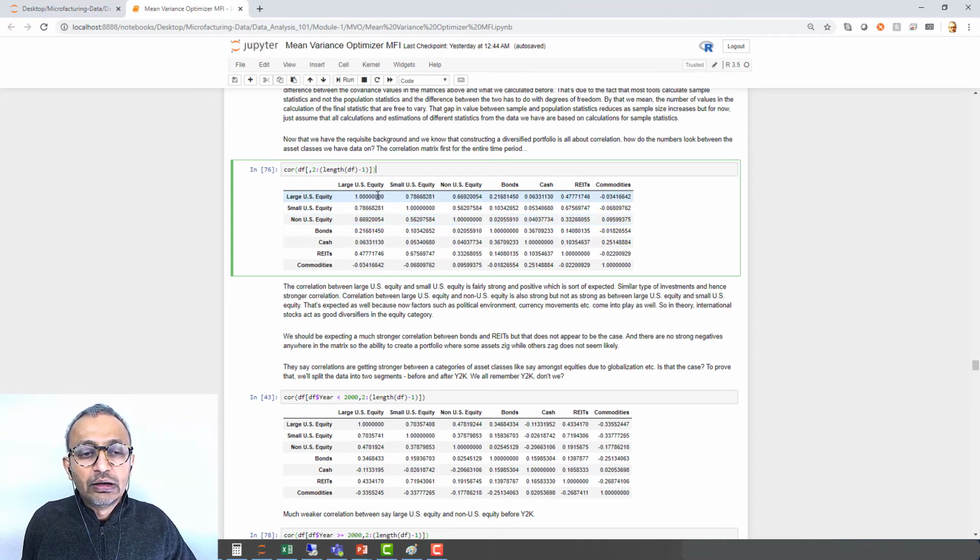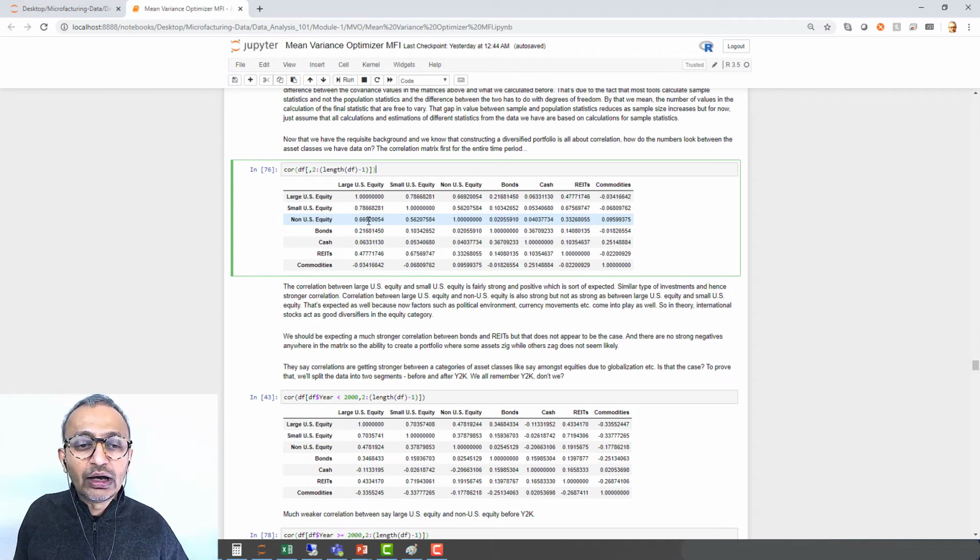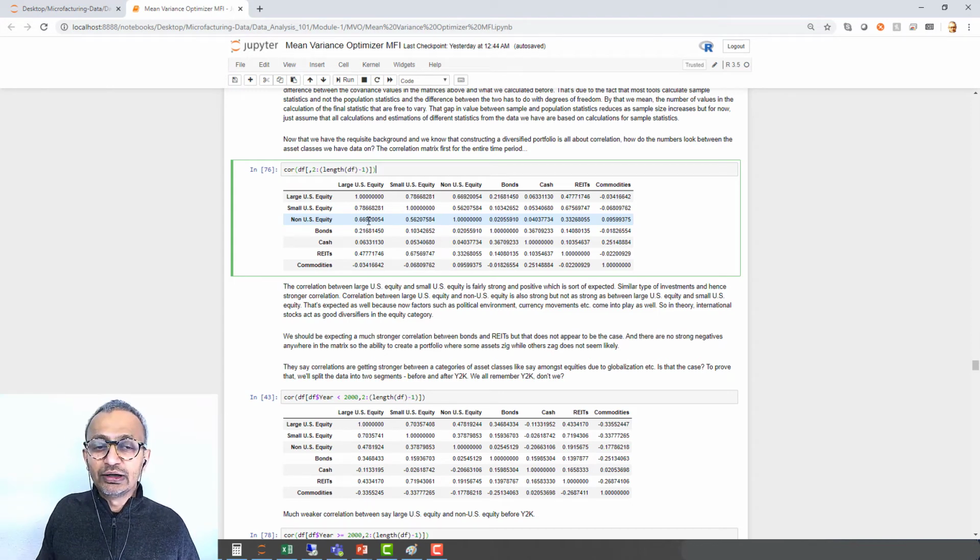Same thing between large US stock and an international stock. Makes sense, right? Global economy, if the US is not doing right, then the rest of the world is also not.